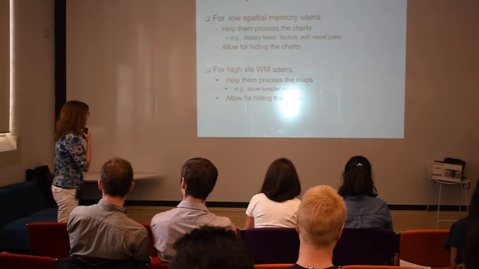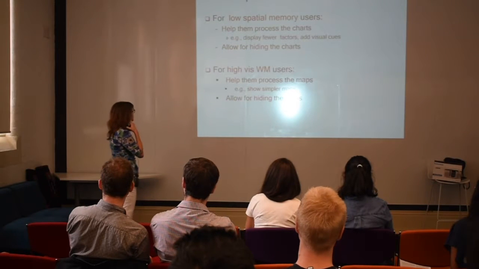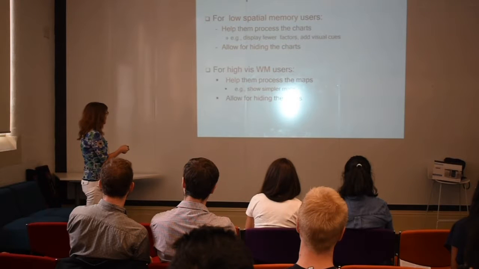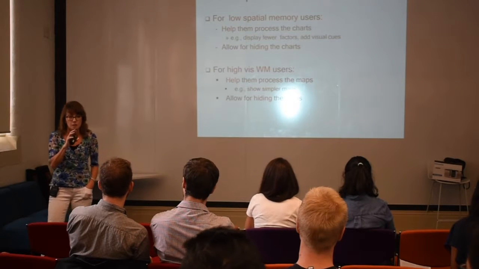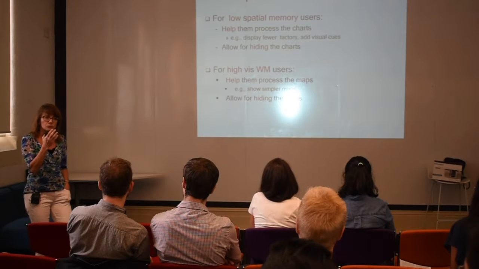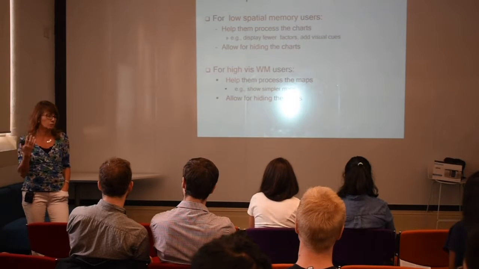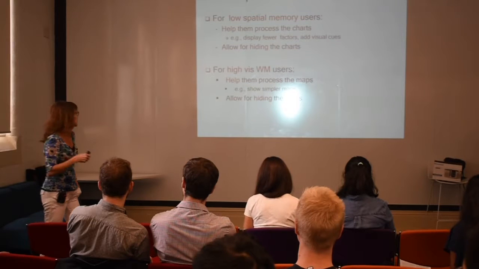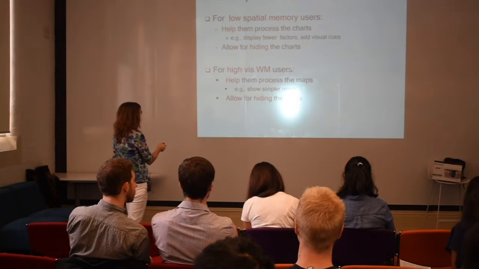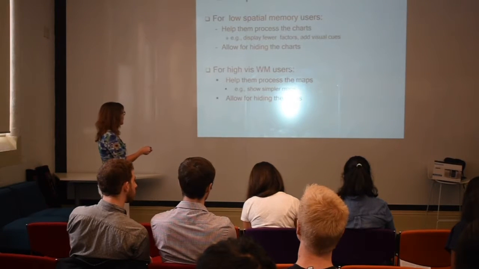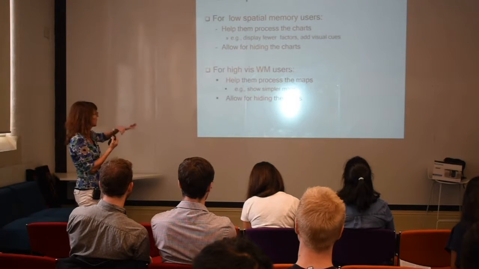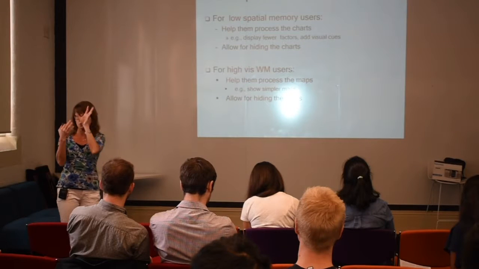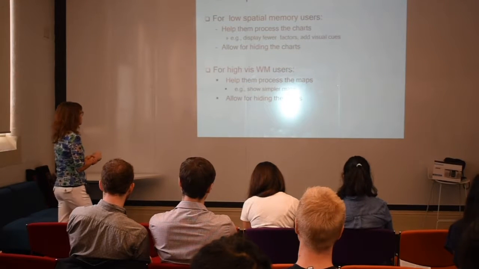Examples that could be considered include, for instance, allowing users to get help processing whichever of the two visualizations they didn't work very well with, okay? For instance, for low spatial memory users that didn't like the charts as much, one could try to simplify them by providing fewer factors, adding visual cues to understand what's happening with these charts.